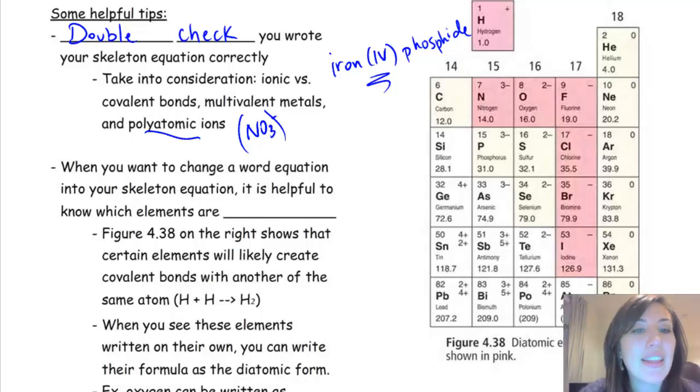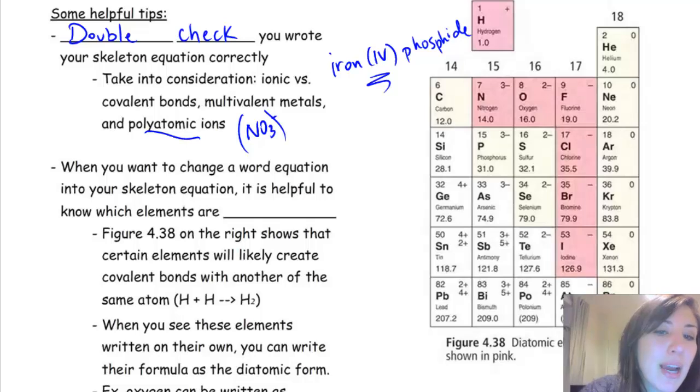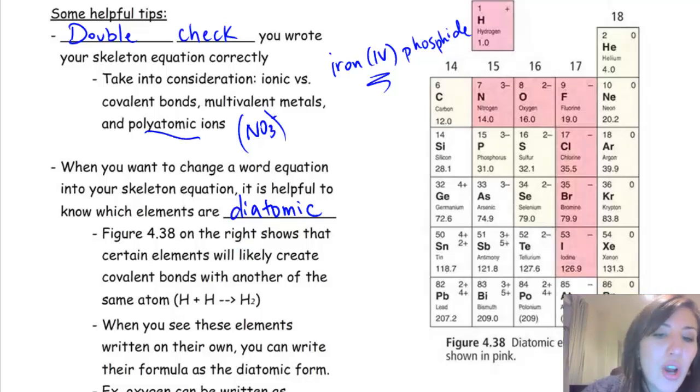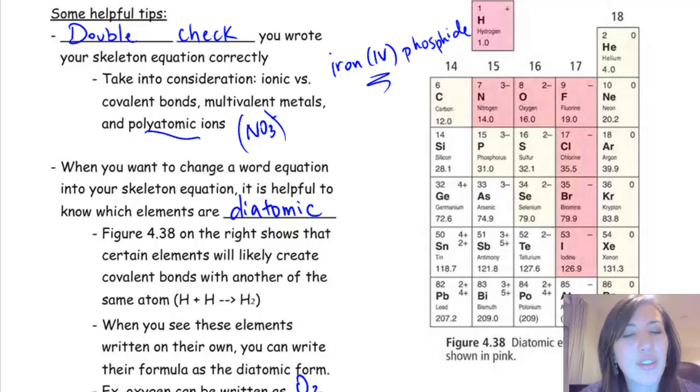The next thing that you want to double check is that when you change from a word equation to a skeleton equation, you know what each of these words mean, because sometimes you get elements that are diatomic. And so they will come together and form a covalent bond with themselves. For example, oxygen, when you see that word oxygen, you know that the skeleton equation will include an O2, just like so. So we call this the special 7.